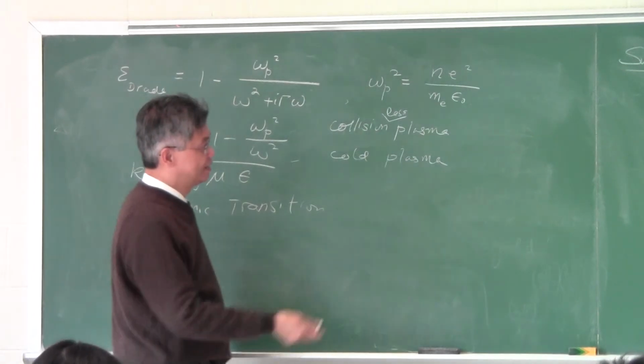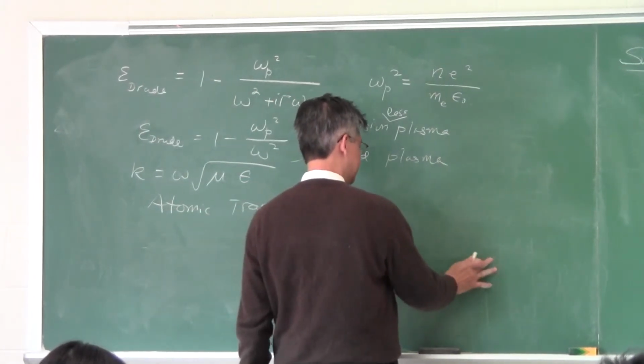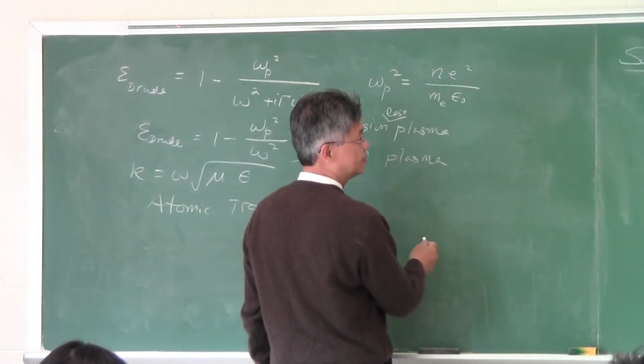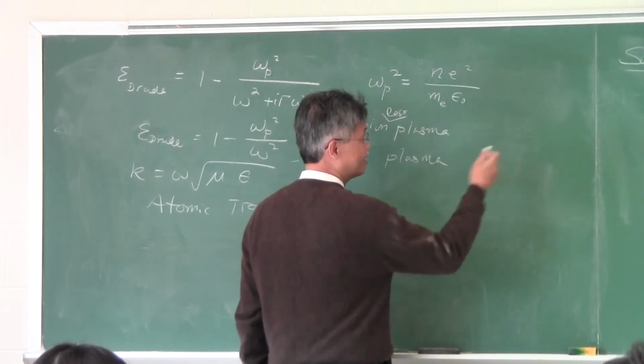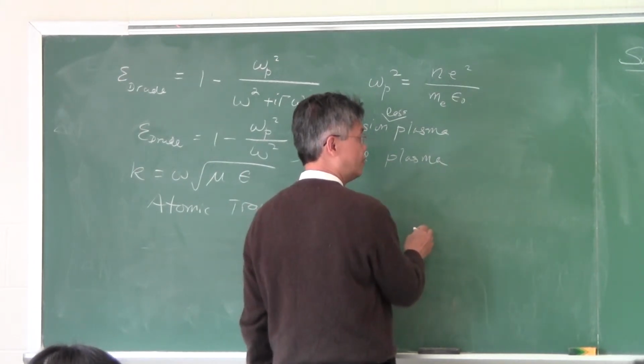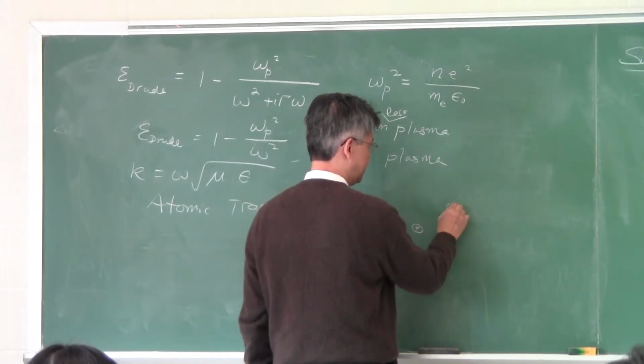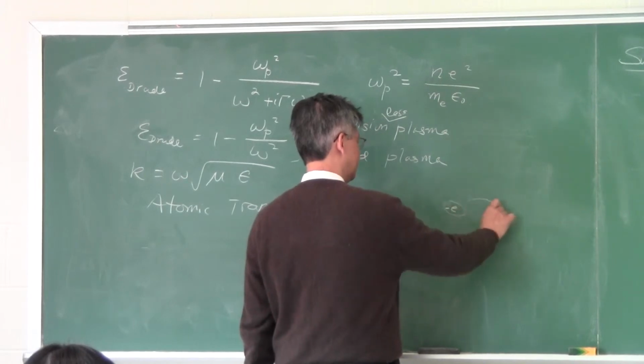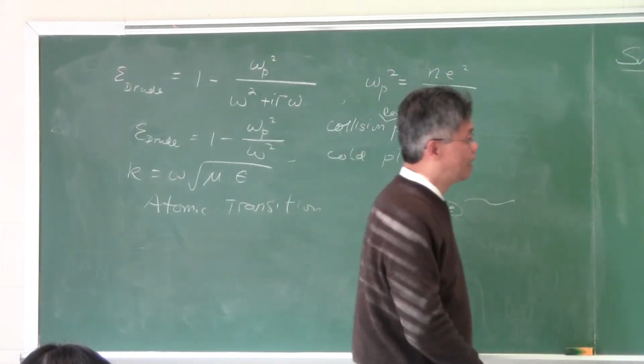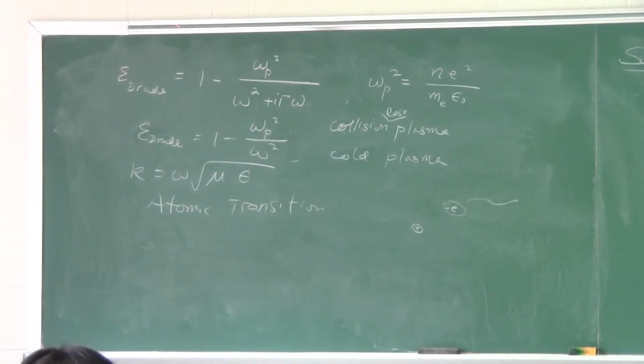The Drude model assumes that the electron is actually not bound to the core. You have a positive charge there, and the electron is free to move about very freely. There's no spring constant that attaches the electron to the atom. The only thing that slows down the electron is this term here.